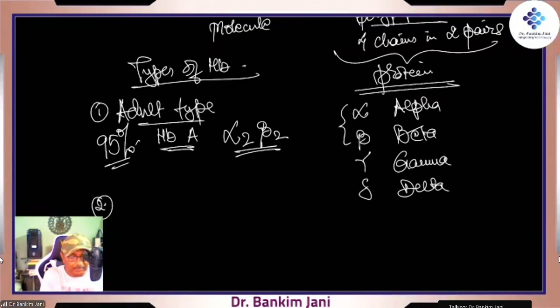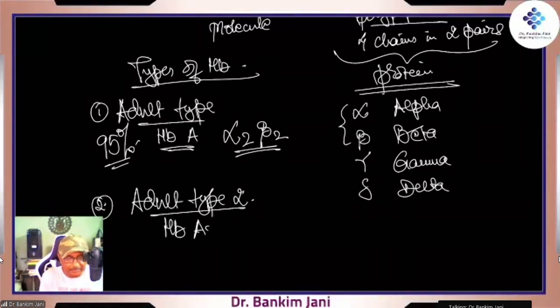The second one, again, is also an adult type. It's called adult type 2. So obviously we'll be naming it hemoglobin A2. This is present in the rest of the cases, right? About 2 to 3%. It's a very small quantity.